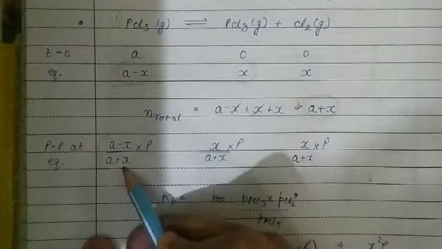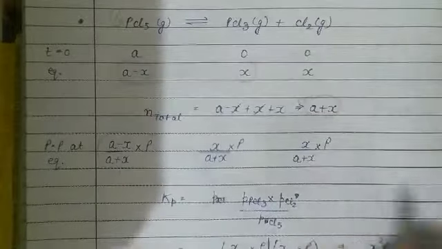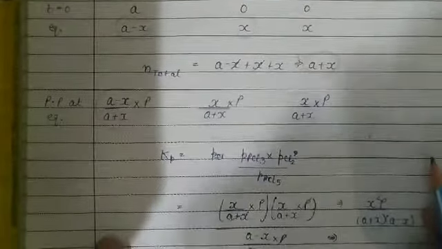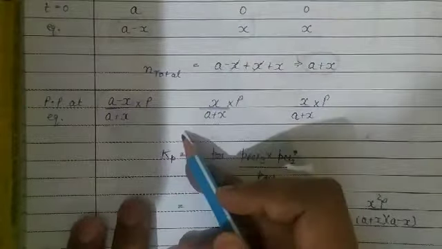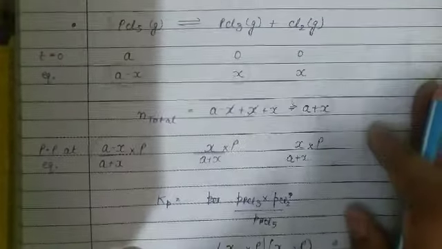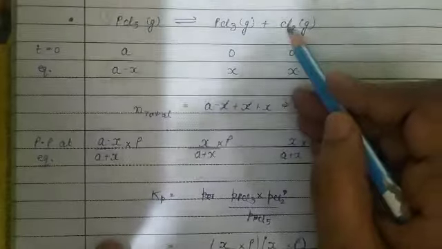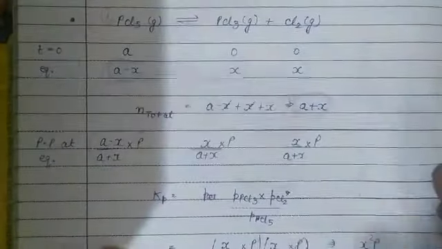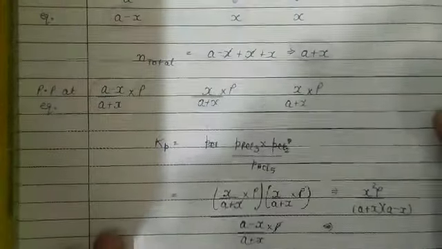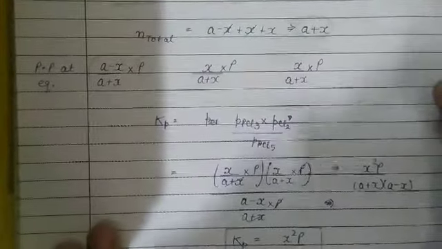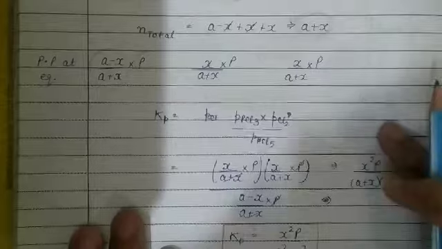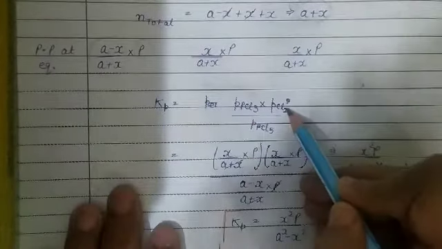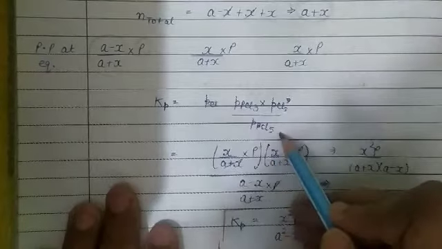Now we have the partial pressure of each. Now we will calculate the Kp value. What is the Kp value? As we know, Kp for this reaction is partial pressure of PCl3 times partial pressure of Cl2 divided by partial pressure of PCl5.